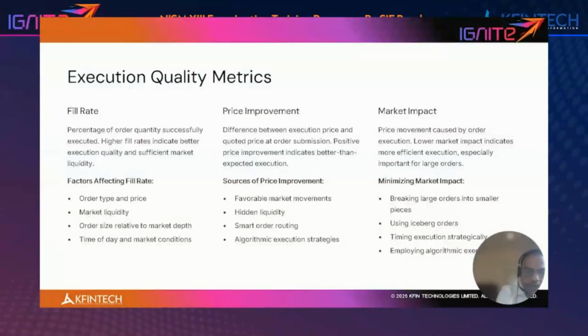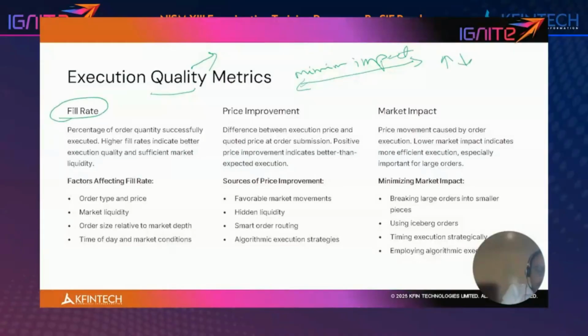Now execution quality, again focus on the word quality. Quality means minimum impact. Whenever I am trading, the price should not have a large impact on the market. So the first parameter is fill rate. Suppose I have placed an order. Higher fill rates indicate higher execution quality and sufficient market liquidity.